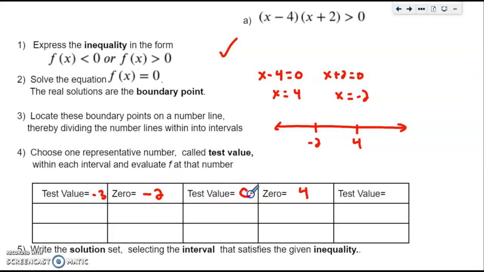I'm going to choose 0 because 0 is between negative 2 and 4. And then I'm also going to choose a value that's greater than 4, so I'll choose 5. I don't have to plug negative 2 in because I know it's 0, and I know if I plug 4 in, it's going to be 0. But I'm going to plug negative 3, 0, and 5 into this inequality.